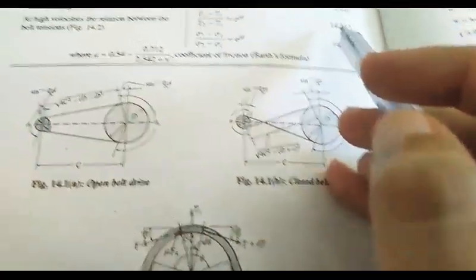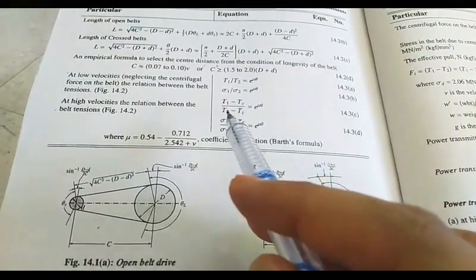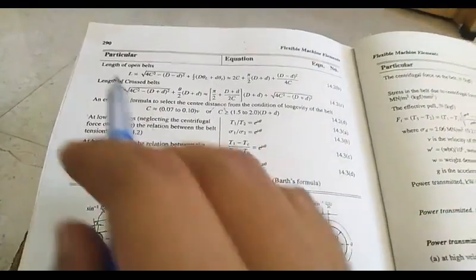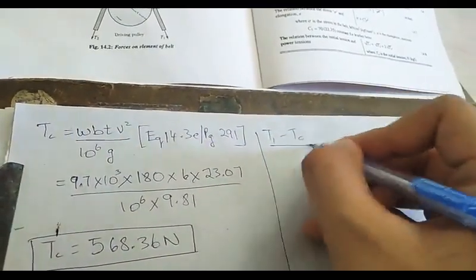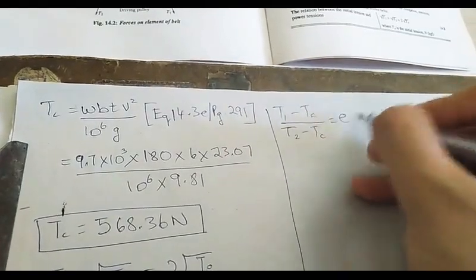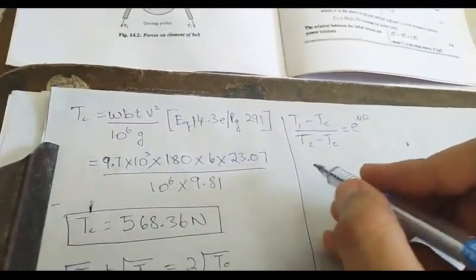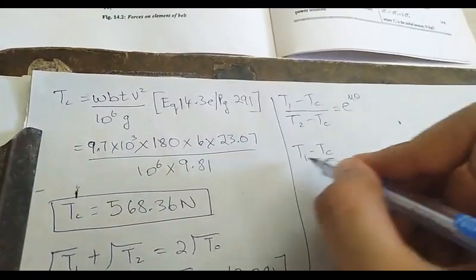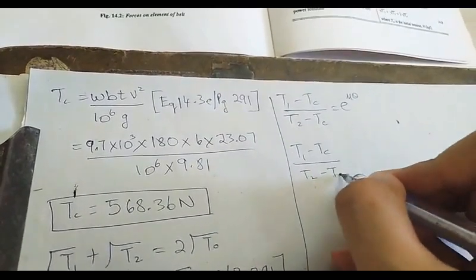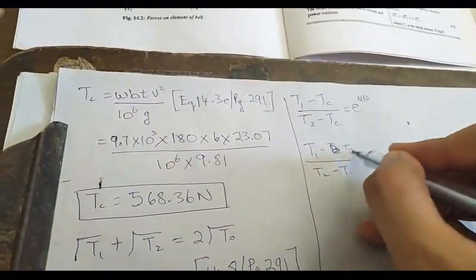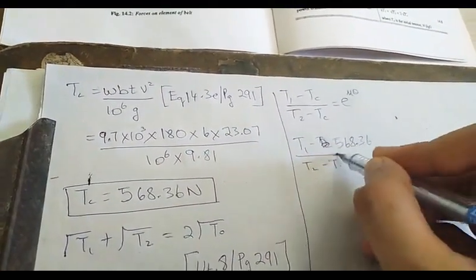And similarly from the data handbook, (T1 minus Tc) by (T2 minus Tc) is equal to e power mu theta. The equation number is 14.3c, page number 290. We have found the value of Tc, so we shall substitute 568.36.